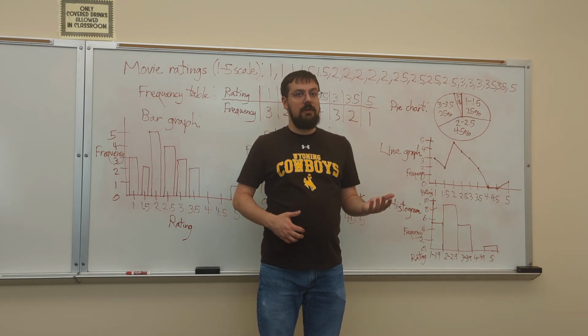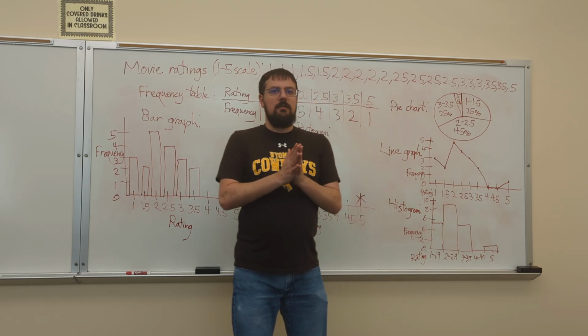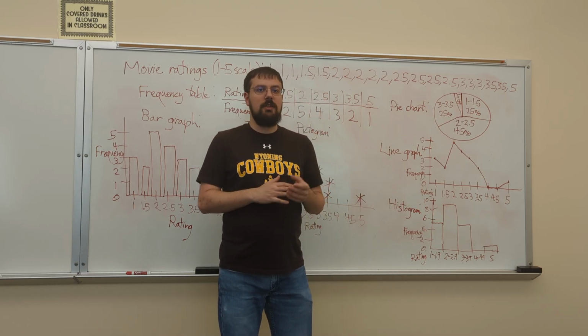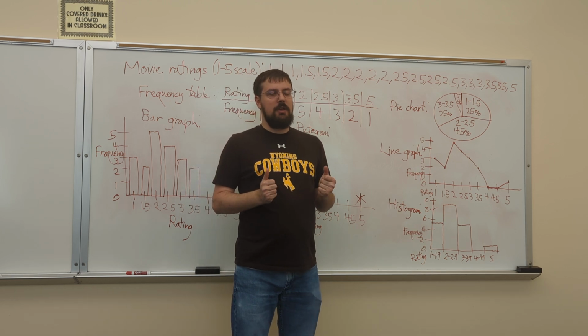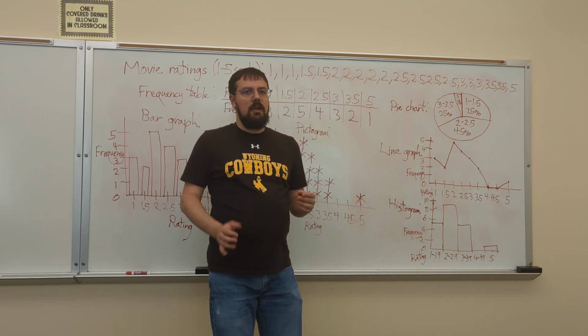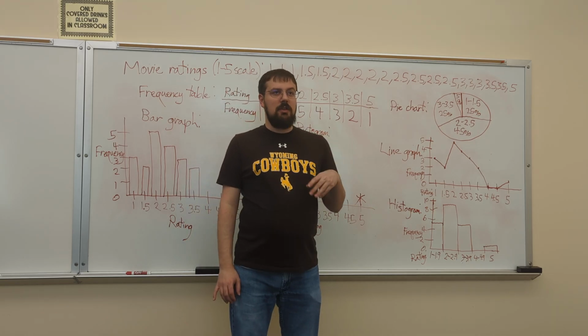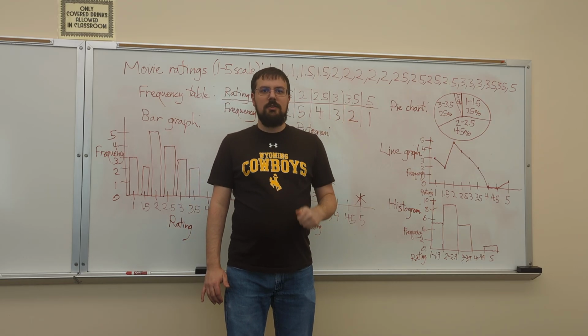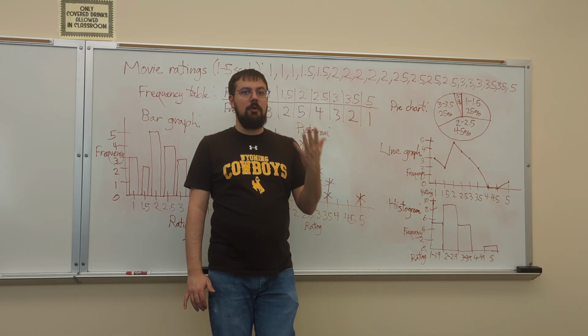So a categorical variable is a variable that may not necessarily correspond to a numerical value. For instance, if you had a grade distribution of letter grades on an exam, and you wanted to just make a pie chart of A, B, C, D, and F, those letter grades would be categorical variables.